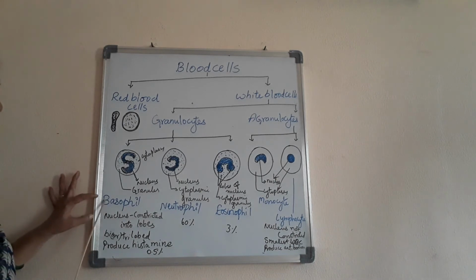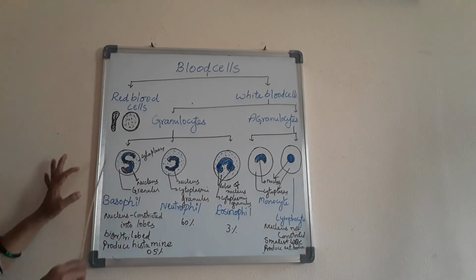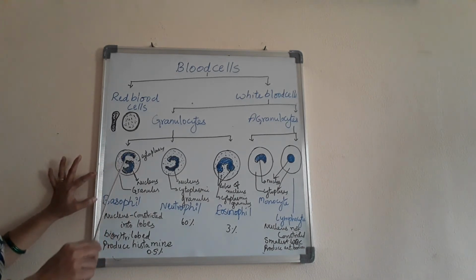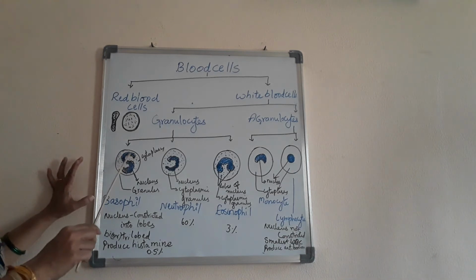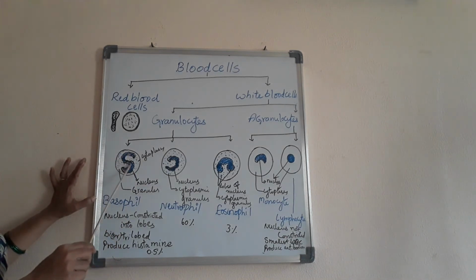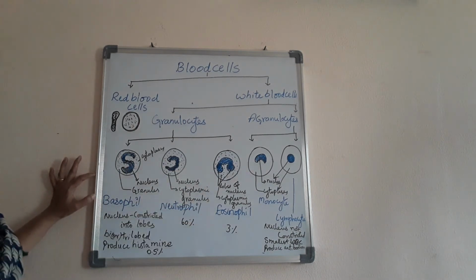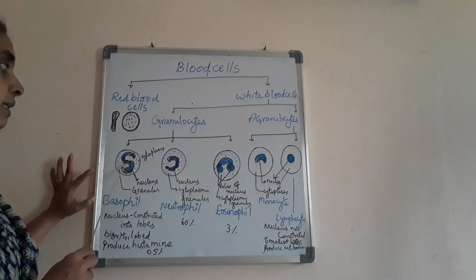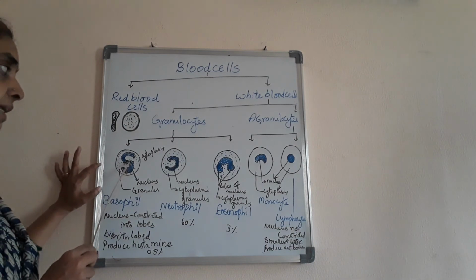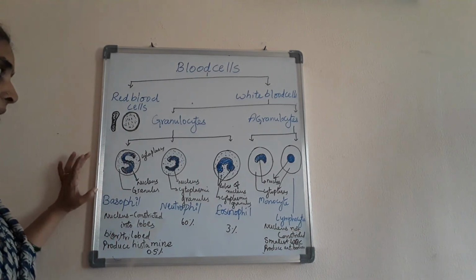What are basophils? Their nucleus is constricted into lobes. These are the lobes that are present inside the nucleus. So you can see the nucleus which is constricted. No constriction is seen in agranulocytes, whereas the nucleus is constricted in granulocytes.